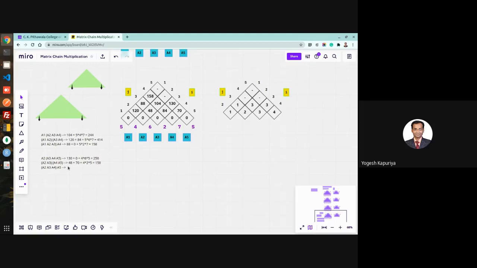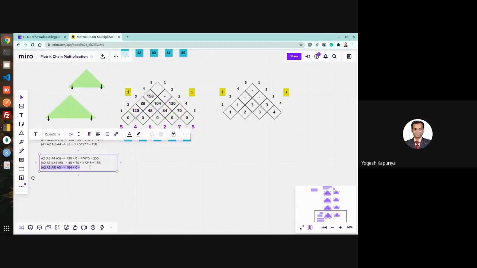Right? Again, the last option is A2, A3, A4, this. So that is 104. So 104 plus 0 plus 0, because A5 is a single matrix. Plus, what is the dimension of A2, A3, A4? The dimension is 4 cross 7 and 7 cross 5.